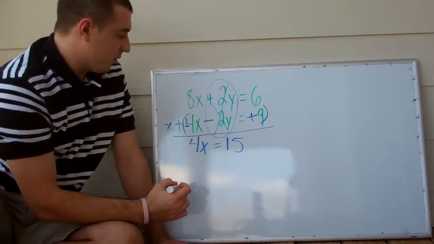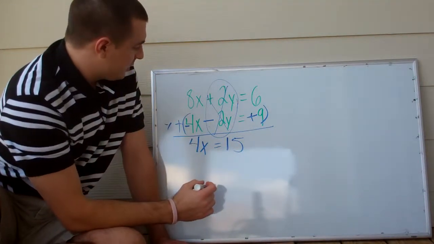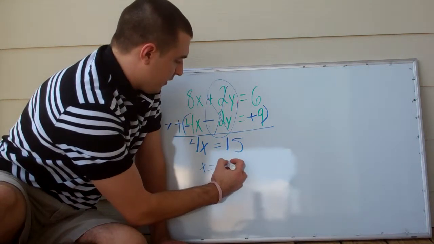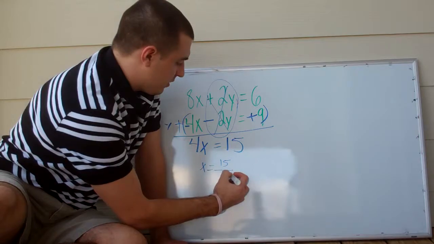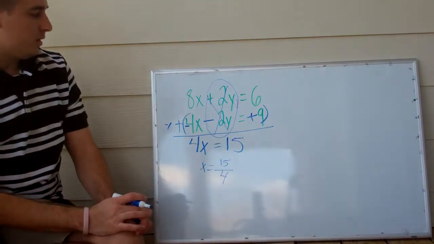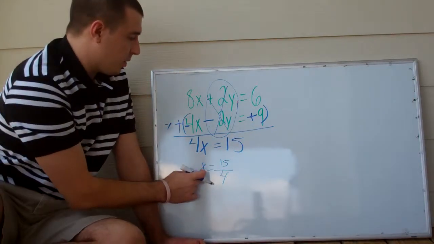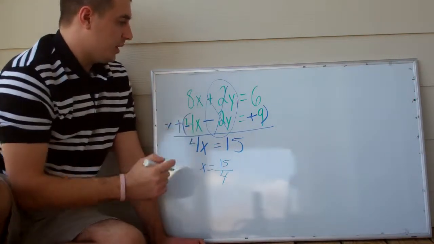Uh-oh, looks like we're going to have a decimal here. So then we have x equals 15 over 4. So then once we know what x is, we take x and we plug it back in up here.